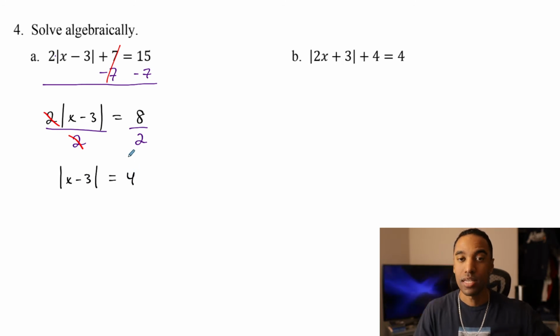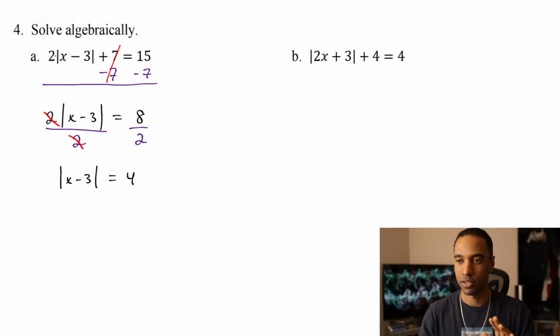In teaching this, think about what absolute values do. Forget the fact that it says x minus 3 in there for a moment. Just think that you're taking the absolute value of something. My question to you is, what can you take the absolute value of to get 4? The absolute value of what gives you 4? 4 is one of those numbers. The absolute value of 4 is 4. But you can also take the absolute value of negative 4, and the absolute value of negative 4 still gives you a positive 4.